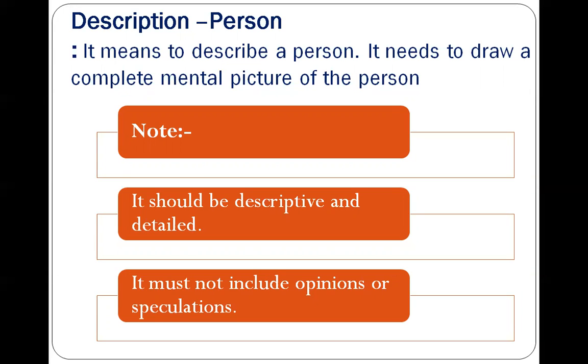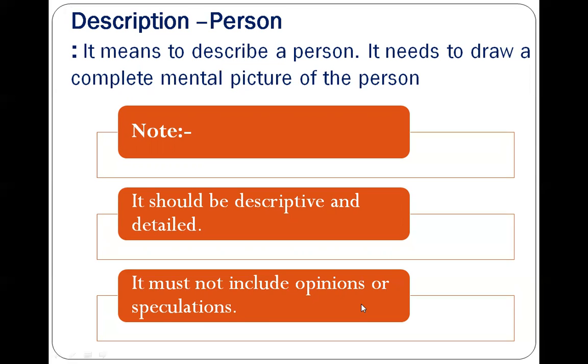Such a piece of writing does not provide for any type of poetical style or any other way of elaborated writing, right? When you are writing a description, you have to give detailed information, but see to it that you don't include any opinions or speculations, right? You don't have to mention any personal opinion that you have.